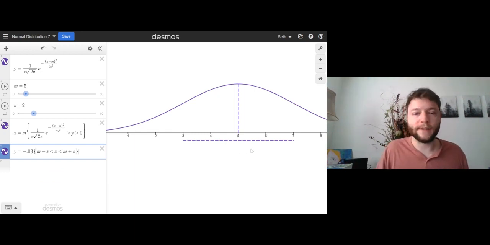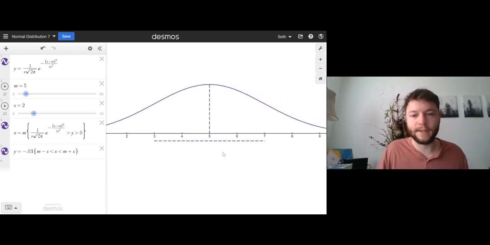Let's say that we have this distribution of scores that you can see right here. The mean is 5 and the standard deviation is 2. This happens to be a normal distribution or a Gaussian distribution, but these transformations will work even if it's not normal.